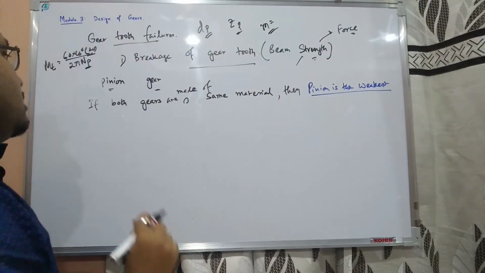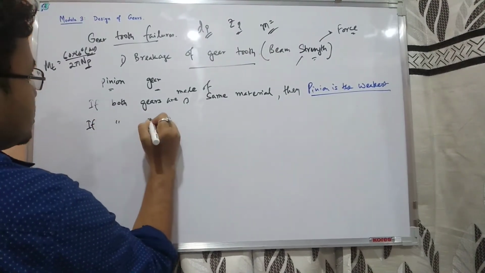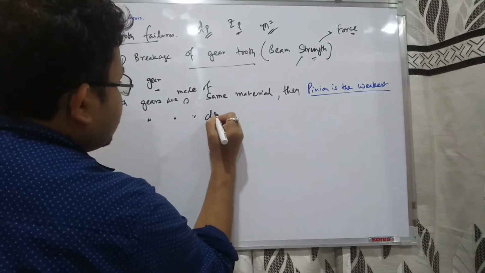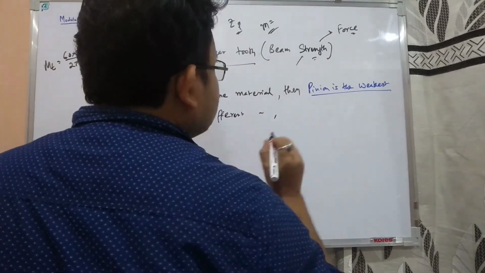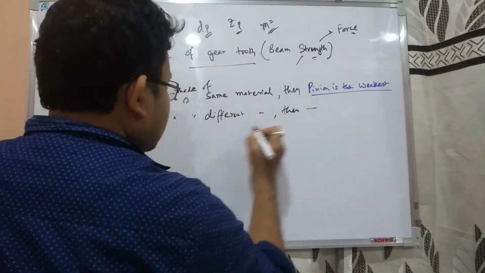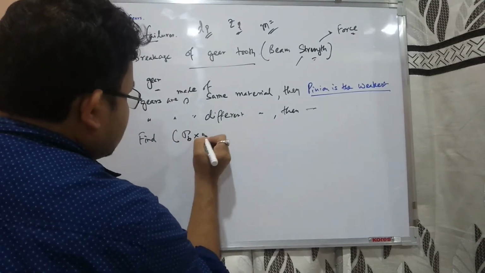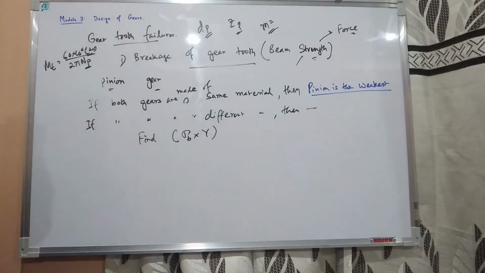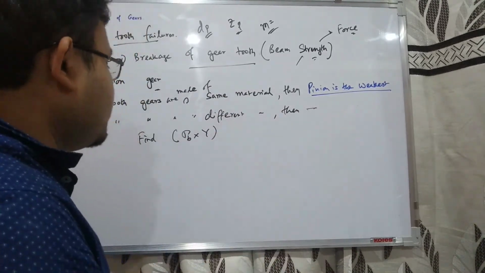Okay, so the second condition is if both gears are made of different materials. Then what to do? In that case, find sigma B into Y, capital Y, the last two terms of the beam strength formula.